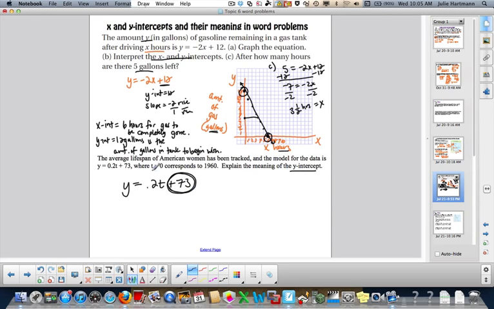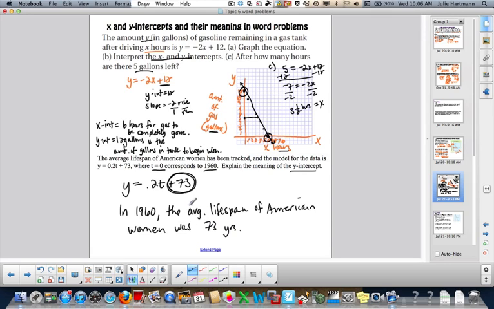If t equals 0 corresponds to 1960, then in 1960, the average lifespan of American women was 73 years. That's what the y-intercept means.